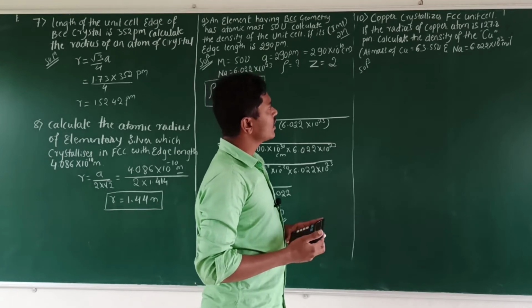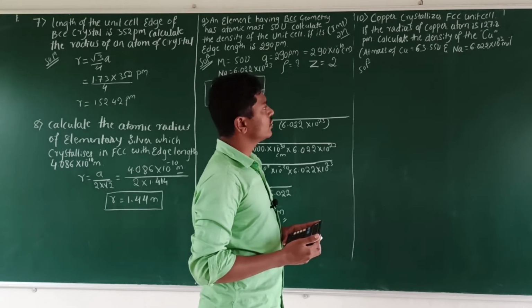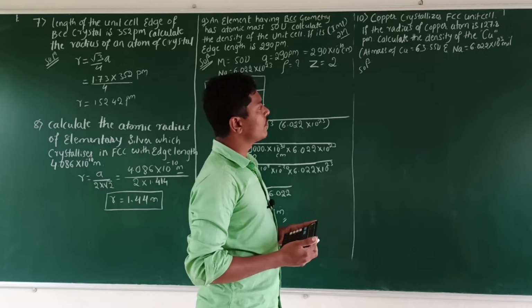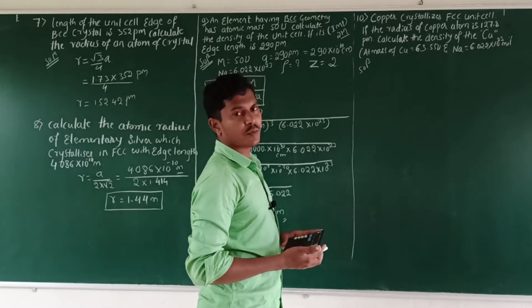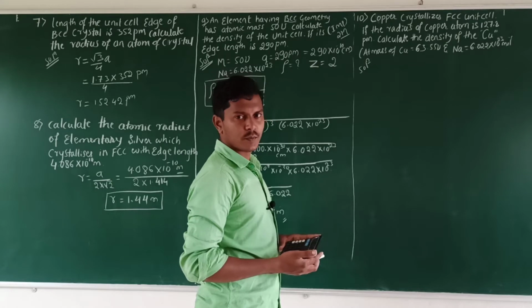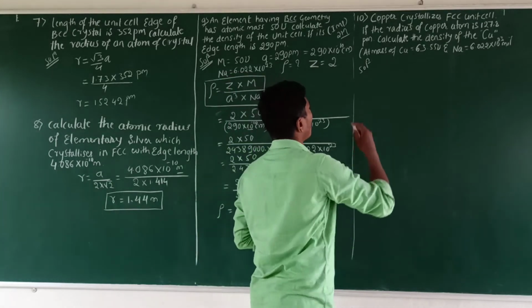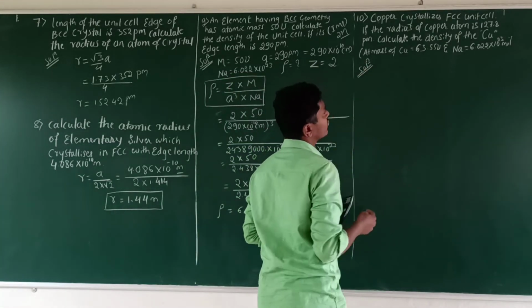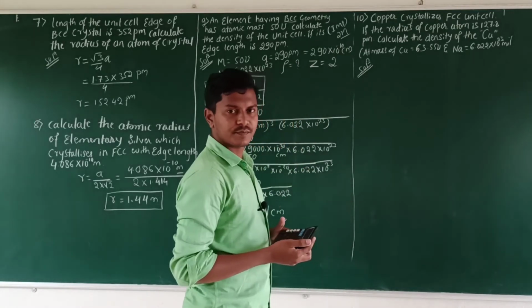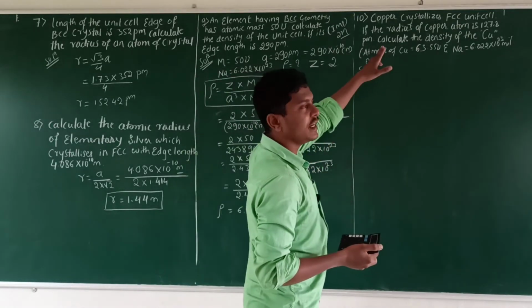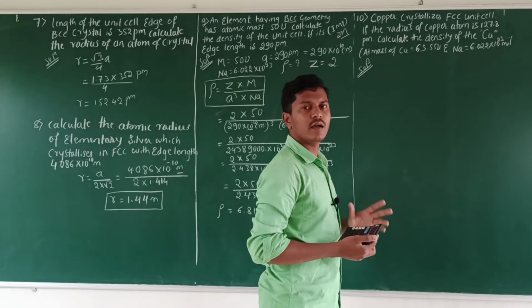Then atomic mass of the copper is 63.55. Avogadro number is 6.022 into 10 to the power 23 per mole. Okay, see what they are not given. They are not given the edge length, isn't it?